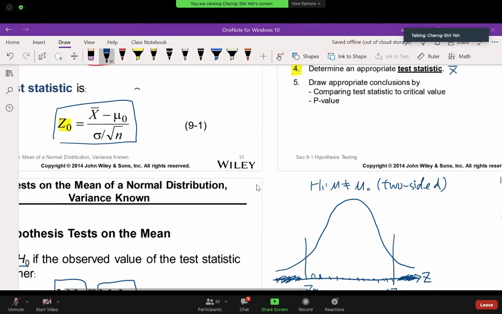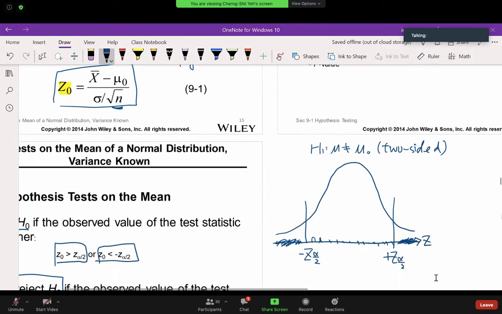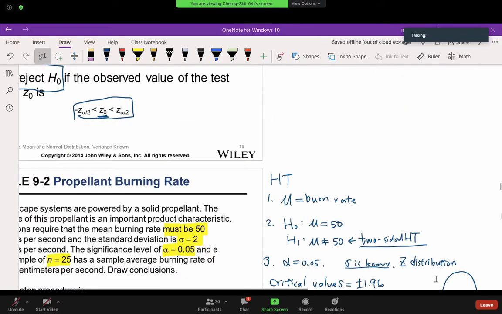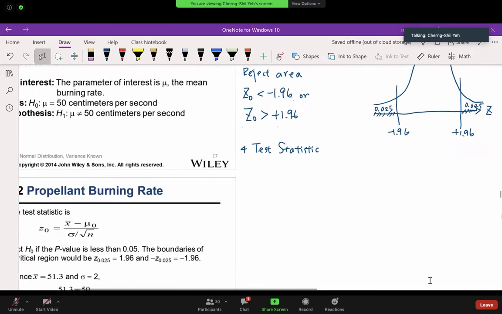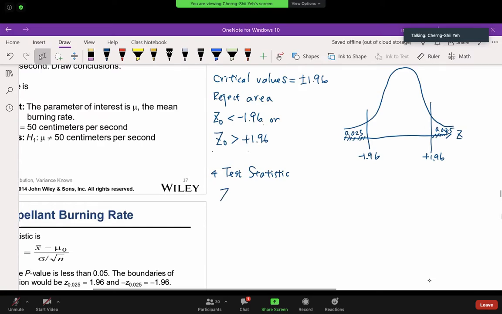If you don't know how we derive this, go back to your chapter 7, sampling. This is when we add the sample size into our equation. My test statistic, Z naught, is the sample average, subtract what we believe the population mean is, divided by the population standard deviation, divided by the square root of n.